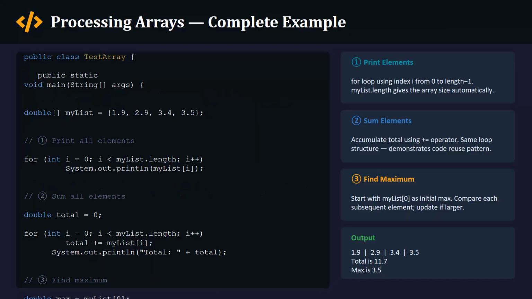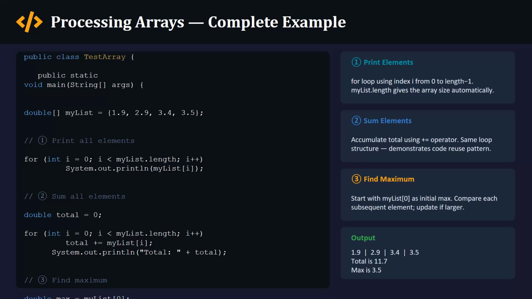So now, processing arrays and complete examples. You can process elements using a for loop to print the elements, with index i from 0 up to the length, or you can use myList.length, which gives the array size automatically. Then you have summing the elements.